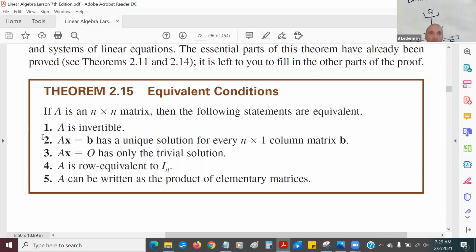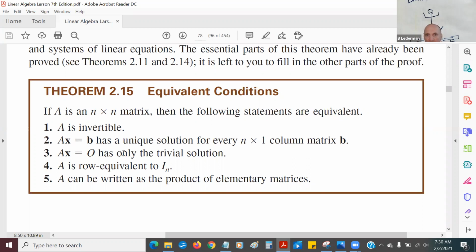1, A is invertible. 2, AX equals B, which is a system of linear equations, has a unique solution for every n by 1 column matrix B, meaning that if I have the same coefficients in my system of linear equations, no matter what constants you throw at me, I'm going to get a unique solution, meaning one and only one solution, just by multiplying both sides by A inverse, like we did previously. 3, AX equals 0 has only the trivial solution.